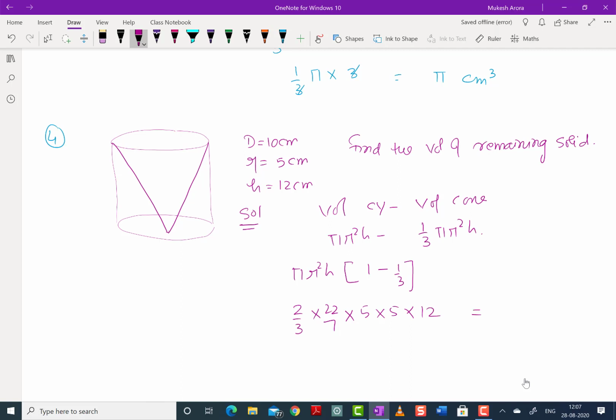In the question it's given that take value of pi as 3.14. So the answer will be 628 centimeter cube.